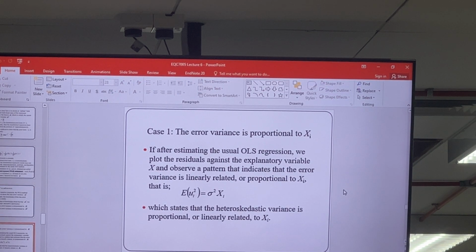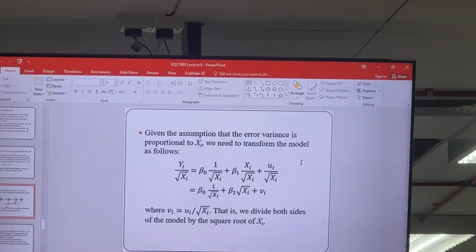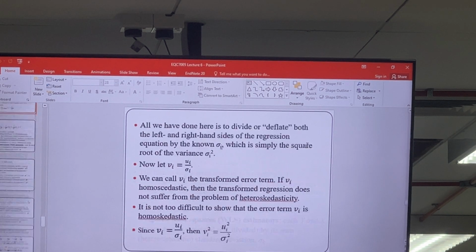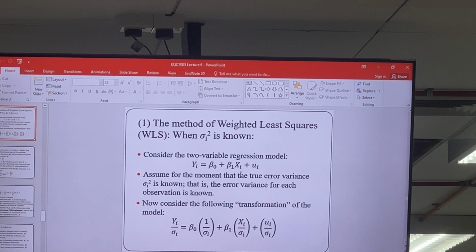So case 1: the error variance is proportional to the value of x. First you need to identify which x. For this given example, we only have one x.